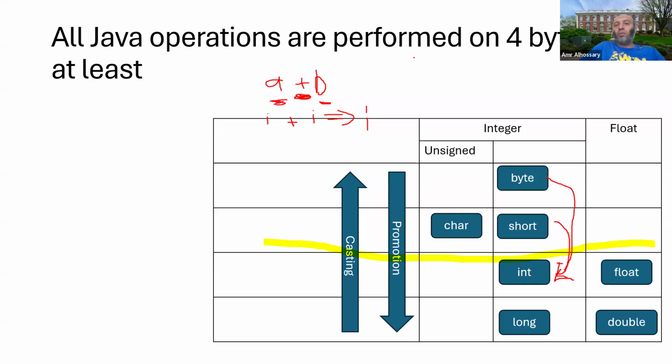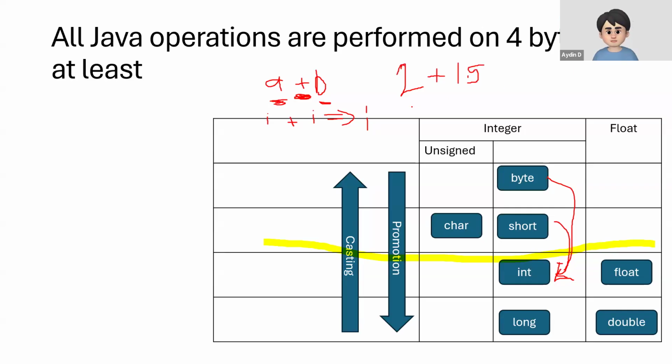Okay. Now let's make it this way. I have the value of 2 plus 1.5. This is 2. This is 2. And 2 plus 1.